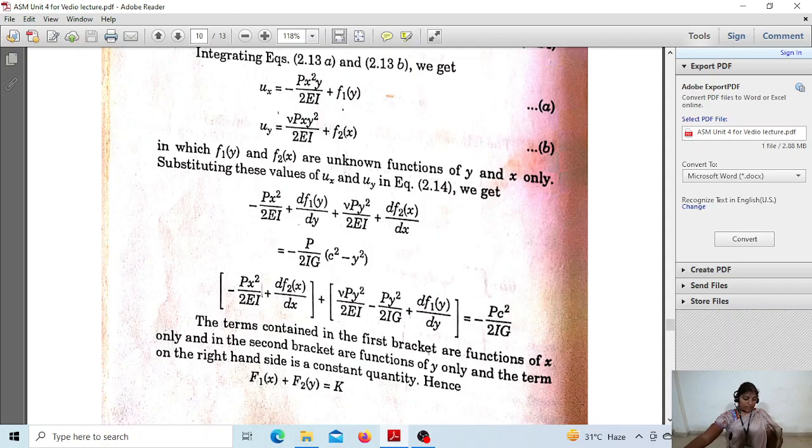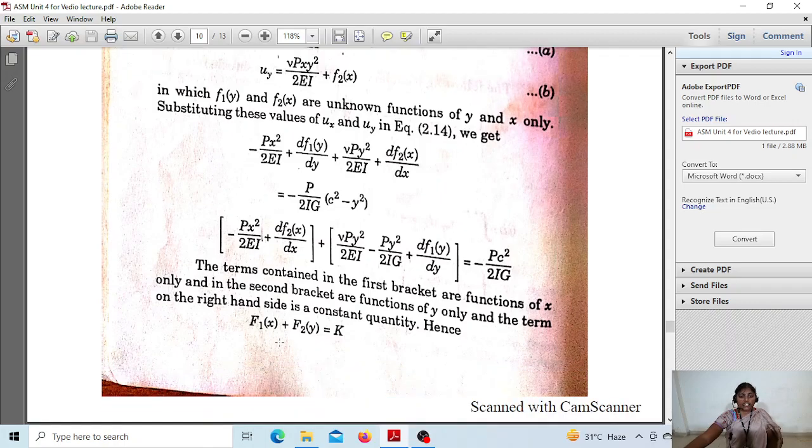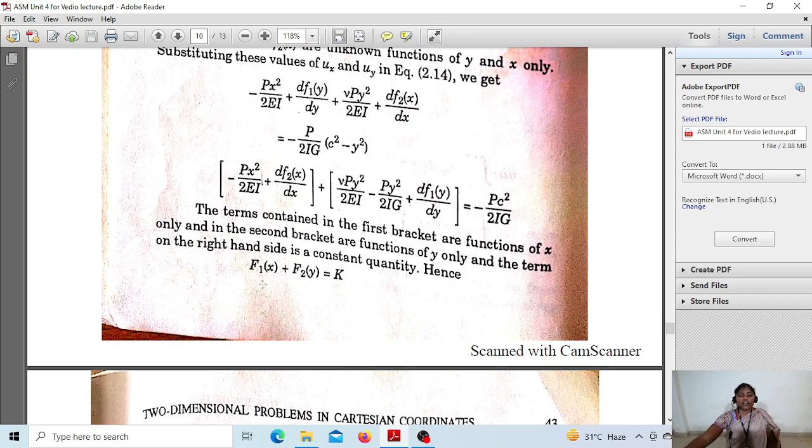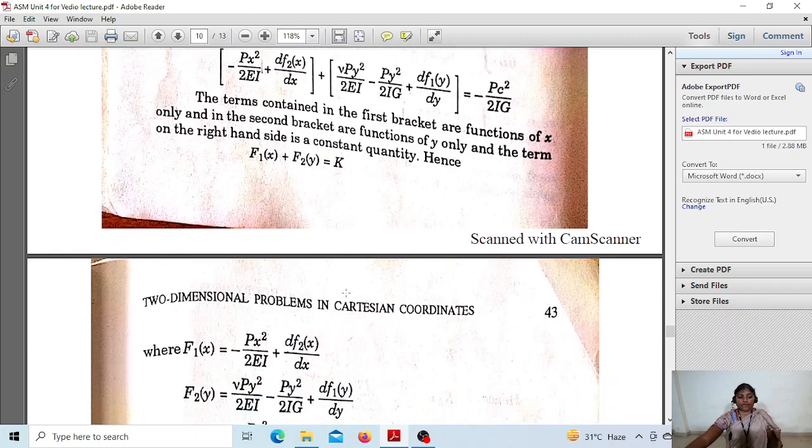Now if you look at it, these two terms are functions. Let us take the first term as f1 of x, the second term as f2 of y, and the constant term as k. So f1 of x, a function of x, plus a function of y is equal to some constant k.